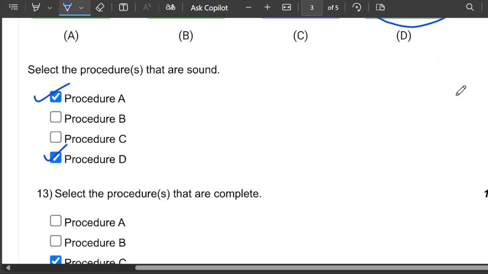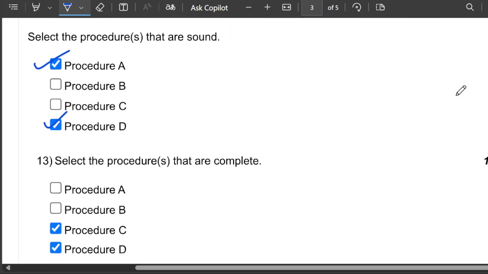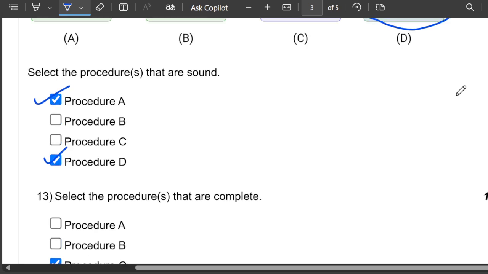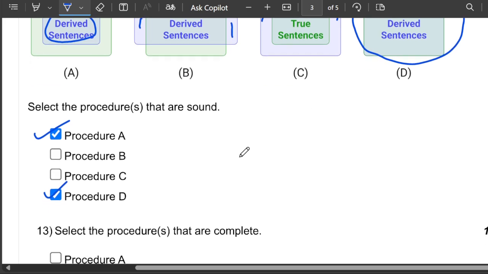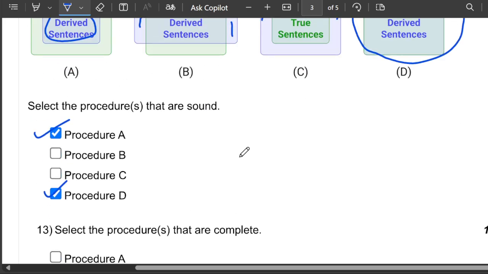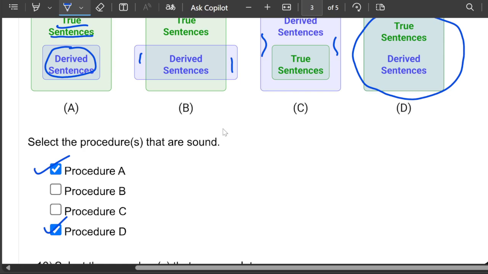In completeness, all the derived values are true, so here derived values all are true, but it is not deriving all true sentences. So here it is not complete. Here derived are not true, so it is not complete.